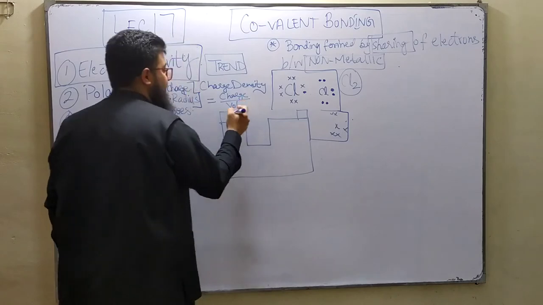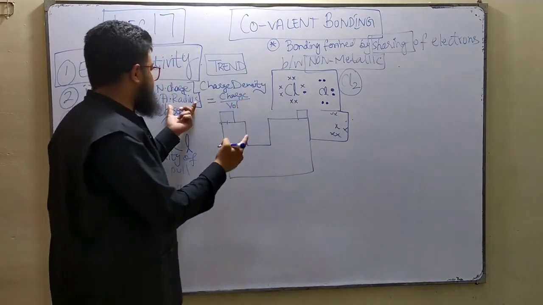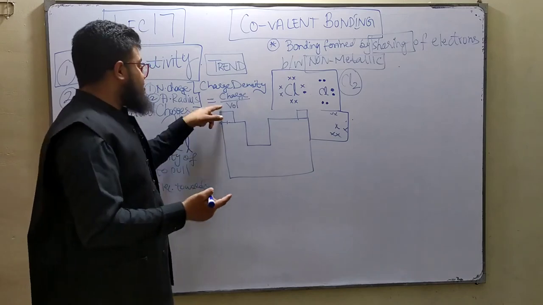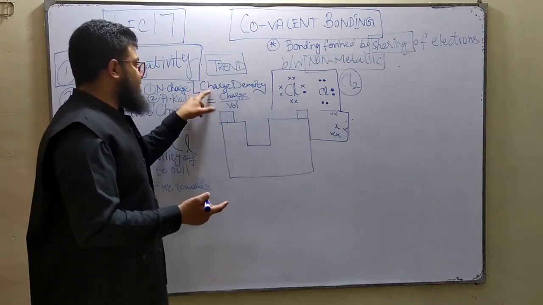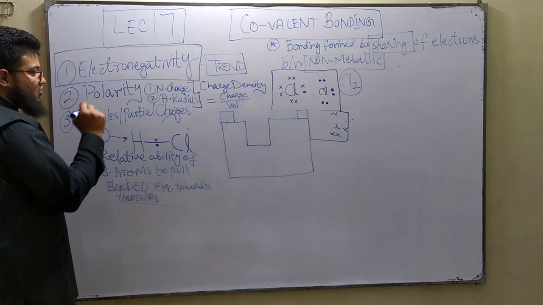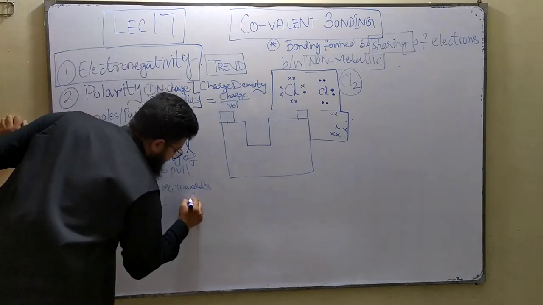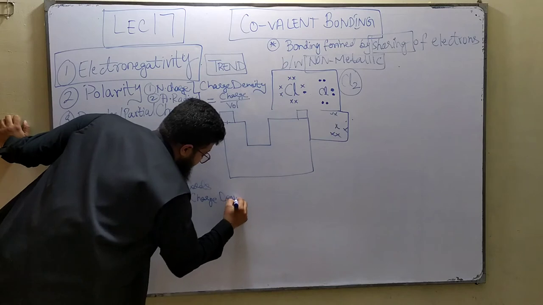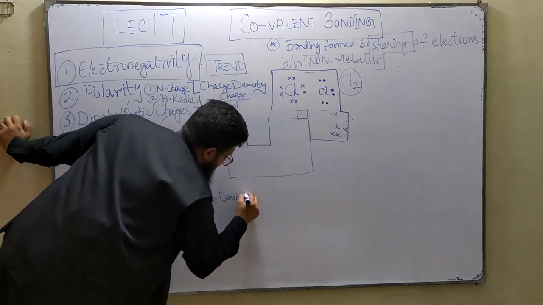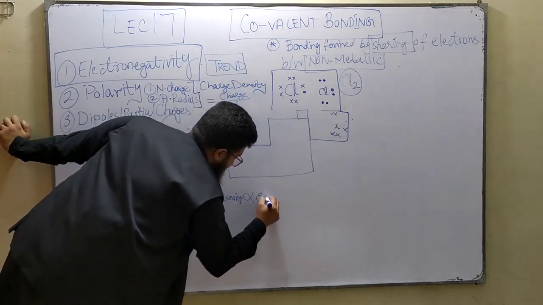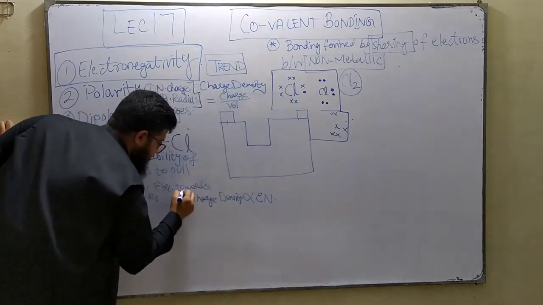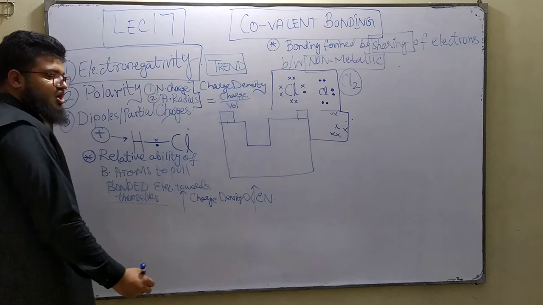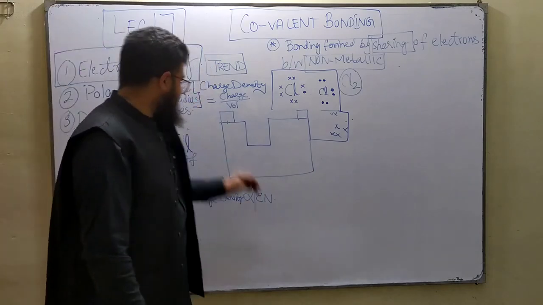Okay, by volume I mean the radius, because the radius depends upon the volume, or the volume depends upon the radius, right? So the charge density is actually proportional to the electronegativity. So the higher the charge density, the greater the electronegativity. The lesser the charge density, the lesser the electronegativity.